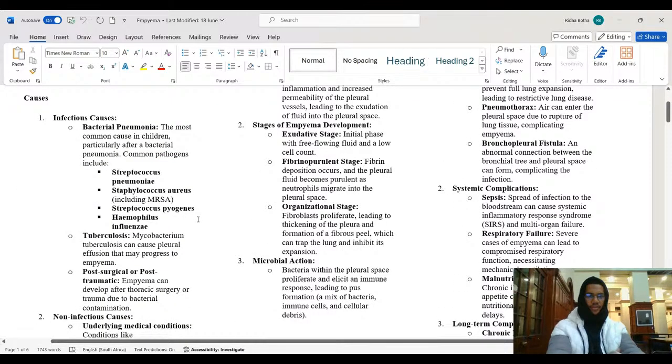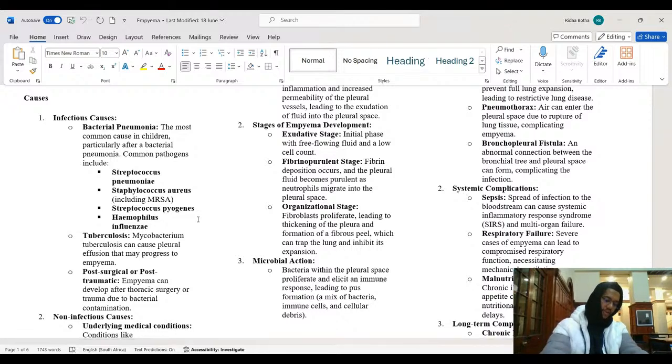So essentially, the causes of empyema. You have infective causes and non-infective causes. Infective causes: the first one is bacterial pneumonia, and there are four common pathogens.